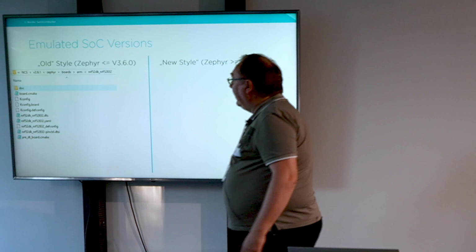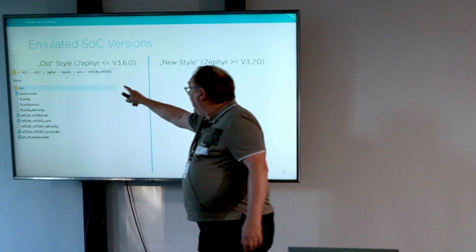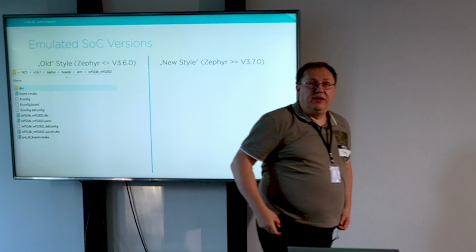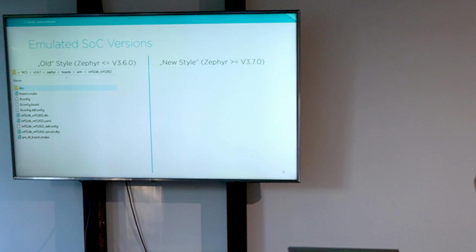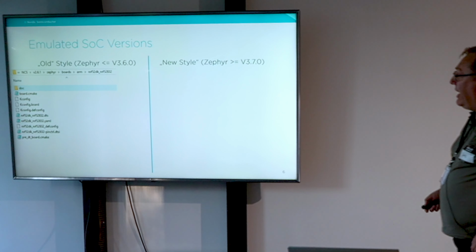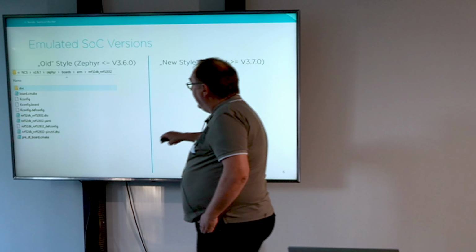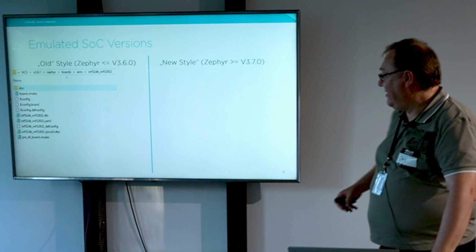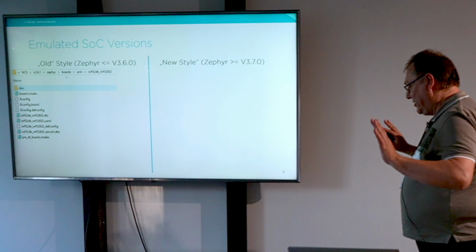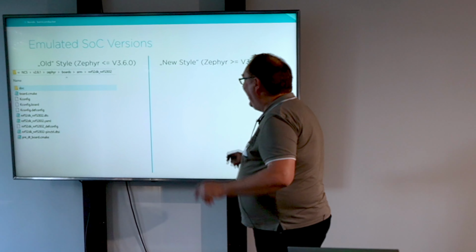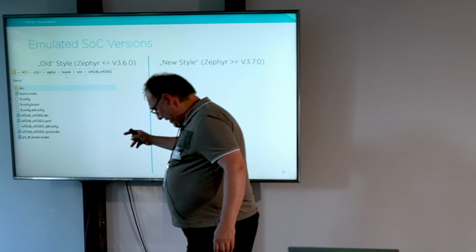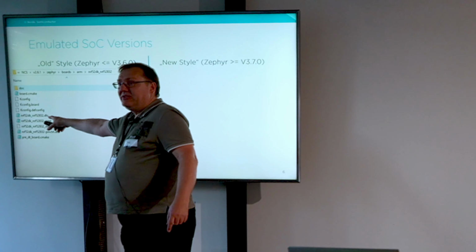Let's dig a little bit into it. So I took a look in the NF52 DK, the big device. So there we had some definitions. The important ones are basically the device tree source file.